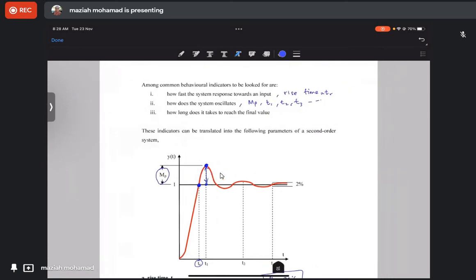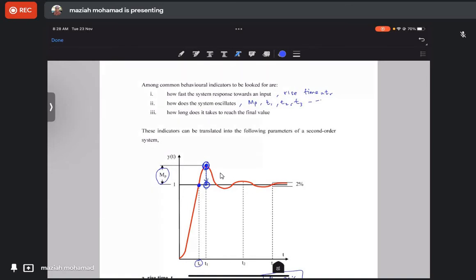Alright, the second indicator is how the system oscillates, which is given by maximum overshoot. Maximum overshoot is the difference between the highest peak, which is actually the first peak, minus the final value, the required value that we want. So the equation gives this difference.